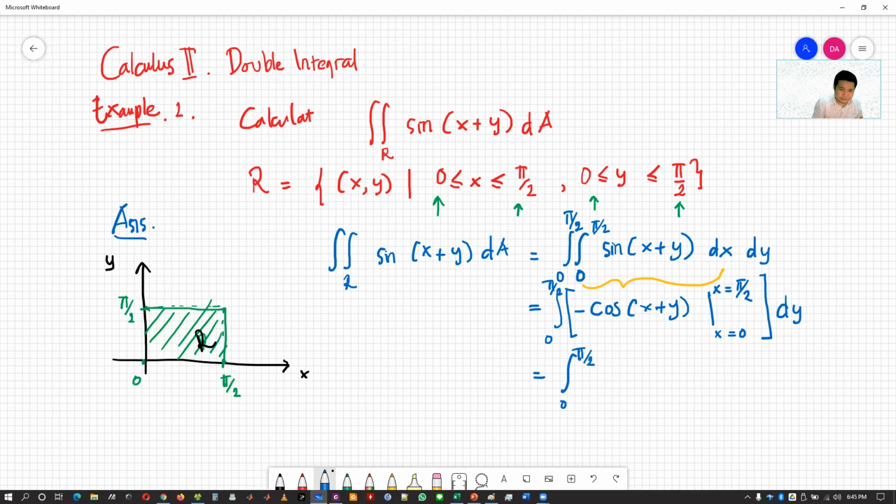Then minus cosine of pi over 2 plus y, and minus is plus, so cosine of 0 plus y, which is only y, dy.